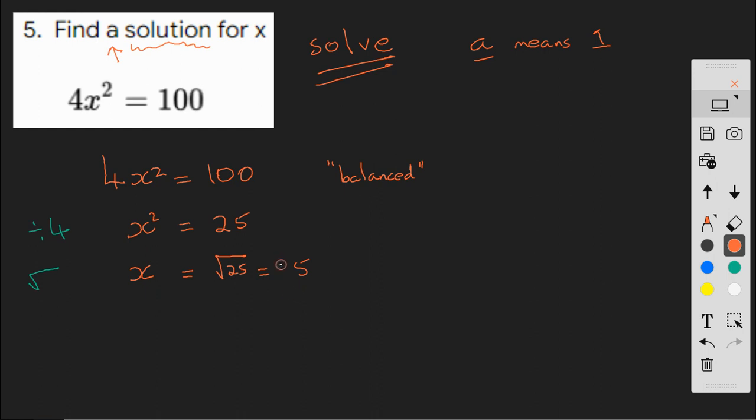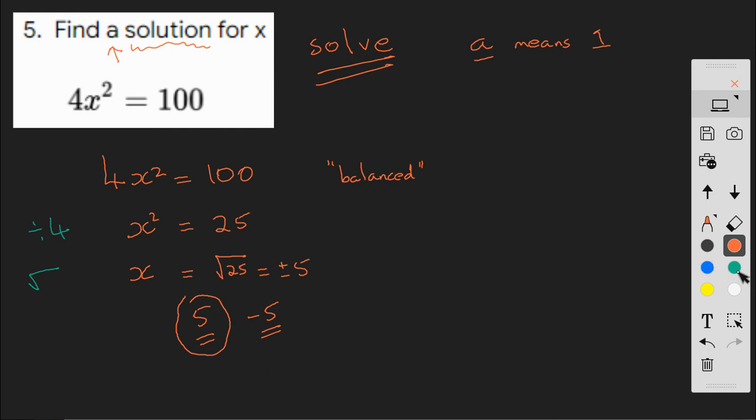Although some of you will remember that it's in fact plus or minus 5. So we have 2 solutions here, 5 or negative 5. The usual answer here will be 5.